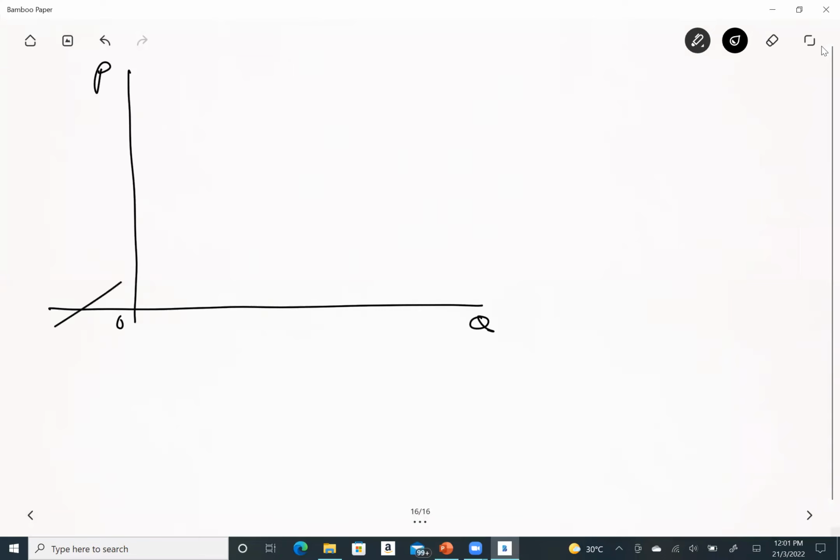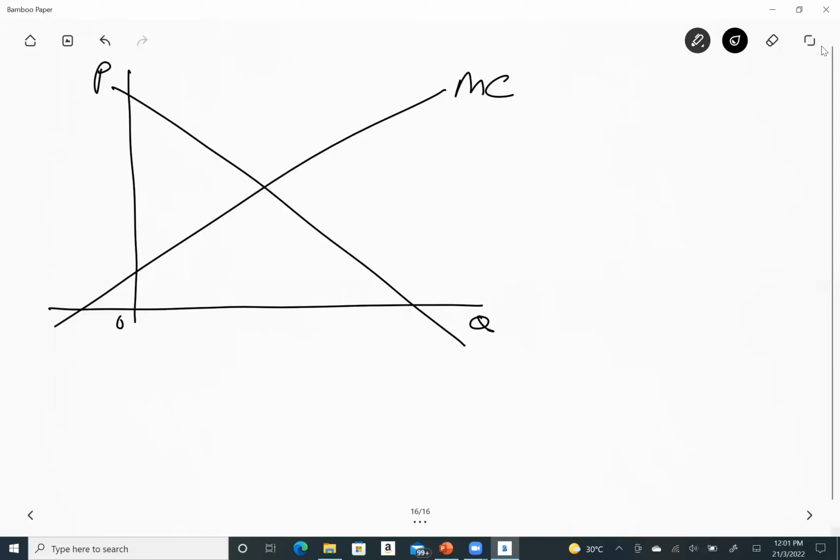So how does the MSB relate to the MB? That is the MB, or marginal private benefit.